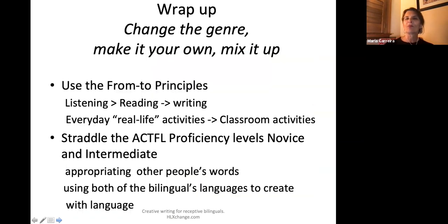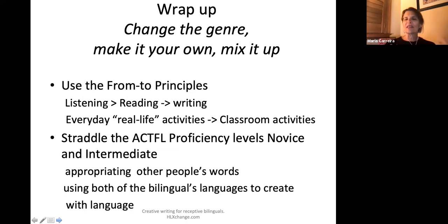To wrap things up, the three activities I have shown you: change the genre, make it your own, and mix it up, are good examples of how to use the from-to principles, specifically how to go from listening to reading to writing, and how to use everyday real-life activities to create classroom activities that get students to do meaningful writing with language.